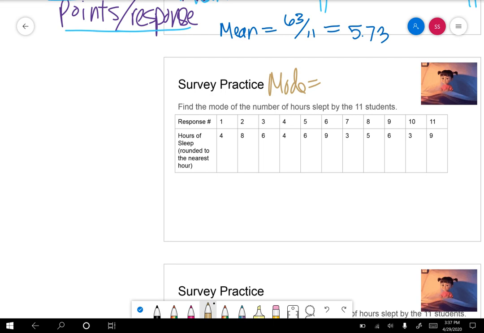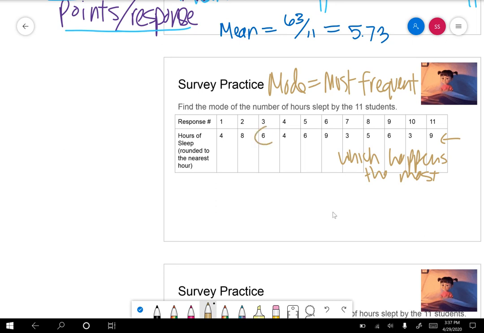Mode is basically the most frequent response. So which response number happens the most? Which happens the most?